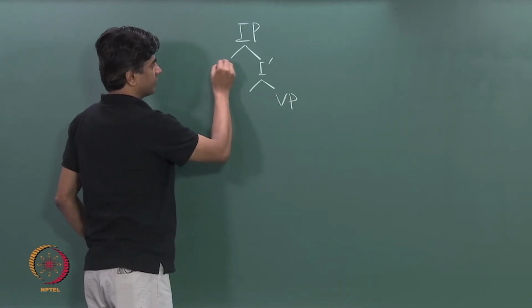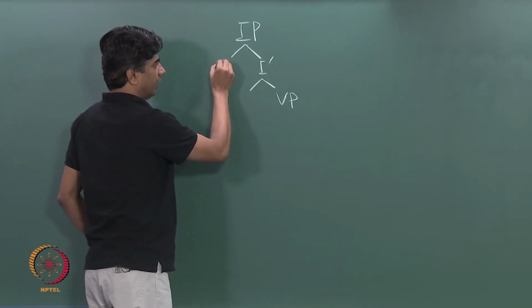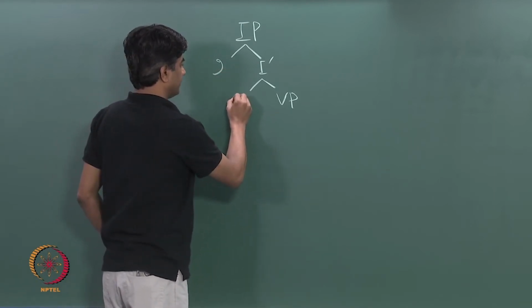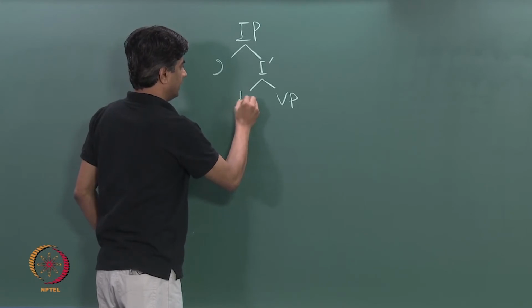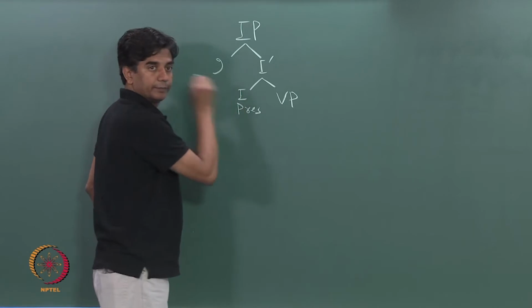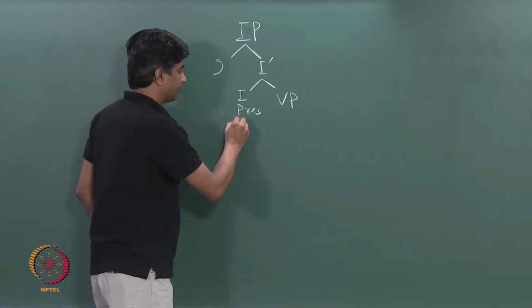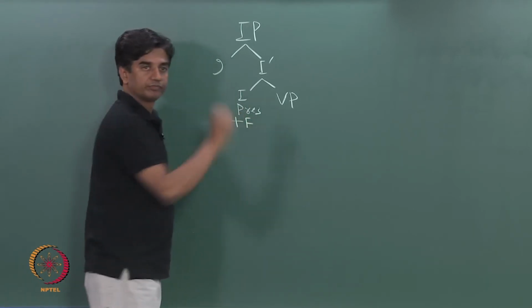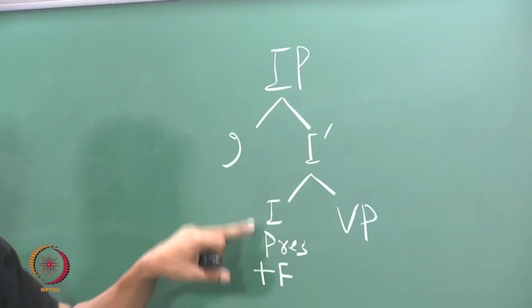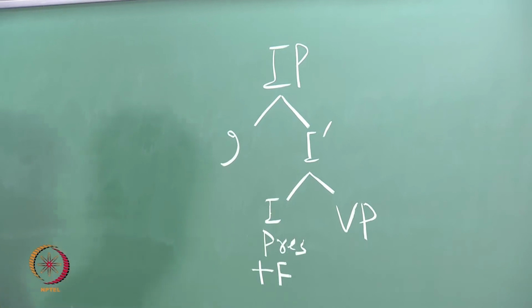Here is I, NP, right? Here is I, which is present tense. Present tense means plus finite. That is, the presence of the present tense makes the sentence a finite sentence, all right.